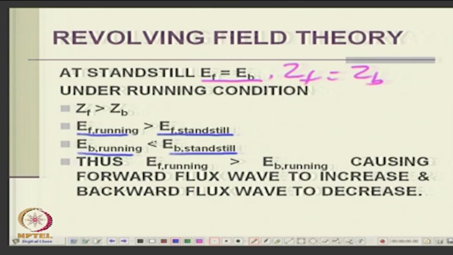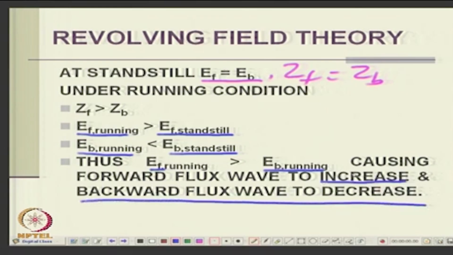So, EF at running is more than EB at running, causing the forward flux wave to increase and the backward flux wave to decrease, right. Because of the rotor reaction, the forward flux will be more. At starting the rotor is excited in one way, but at running, for the forward field the rotor MMF gets decreased, and for the backward field the rotor MMF gets increased.